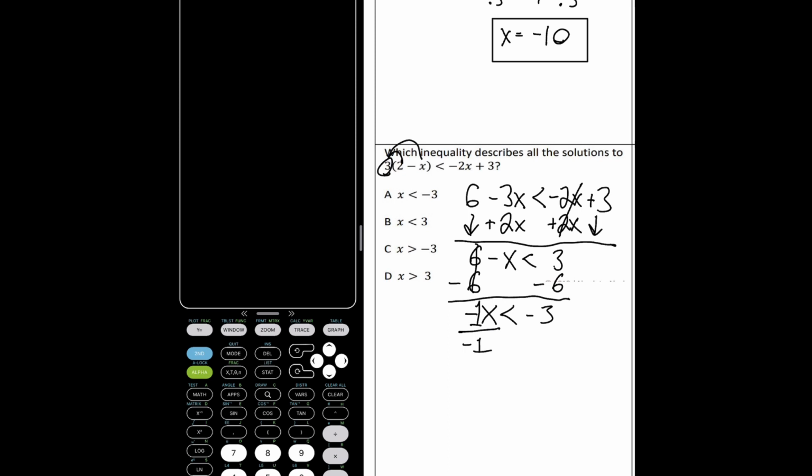What I do on one side, I do to the other. Divide by negative 1. When I divide by a negative number, I have to flip my inequality sign. When dividing by a negative, flip the inequality.